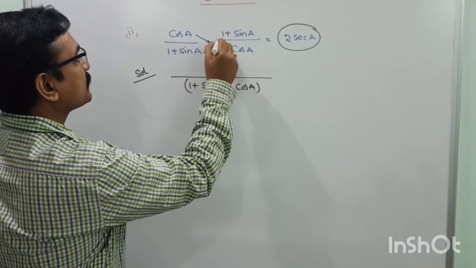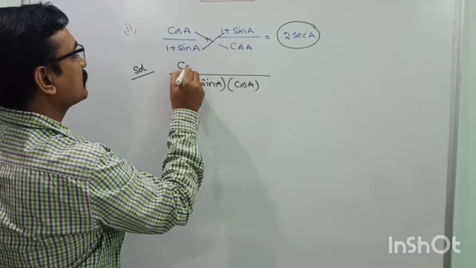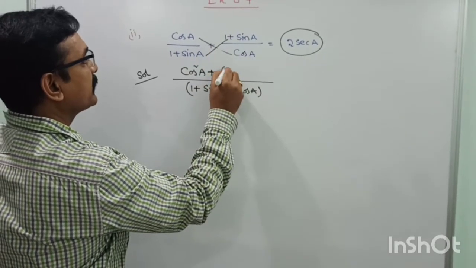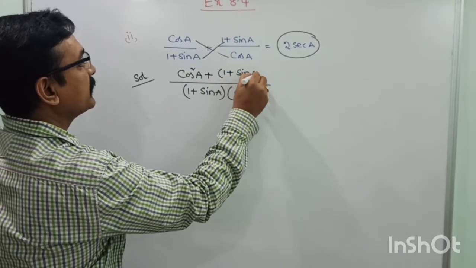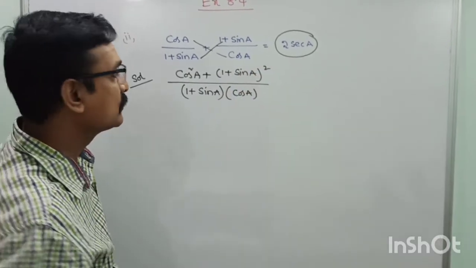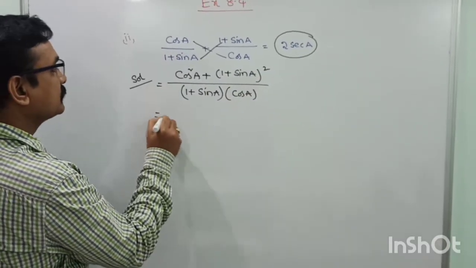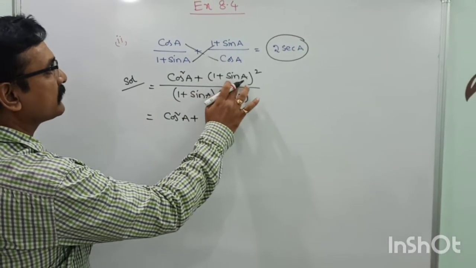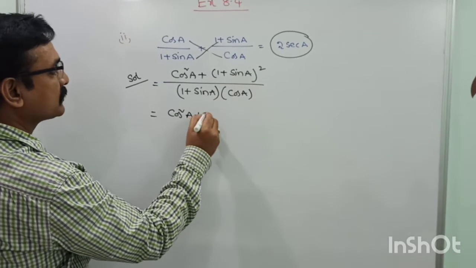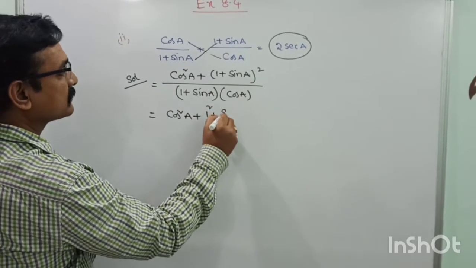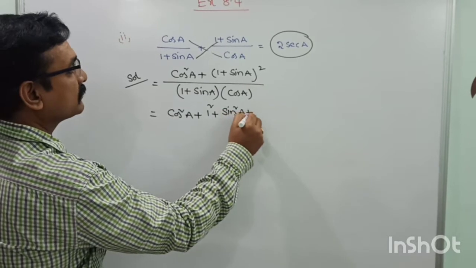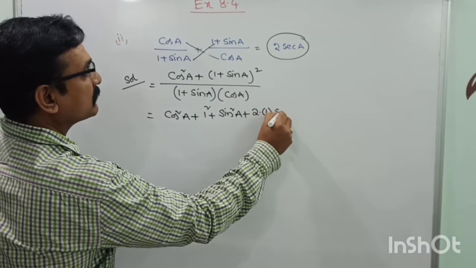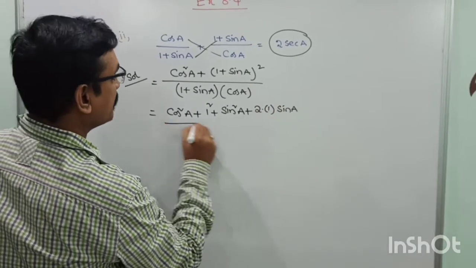Now then you do the cross multiplication. Cos A into cos A, cos square A, plus (1 plus sin A) into (1 plus sin A) is (1 plus sin A) whole square. Now in the numerator place cos square A plus, now it is in the form of (a plus b) whole square. So a square plus b square plus 2ab, 2 into 1 into sin A, 2ab.